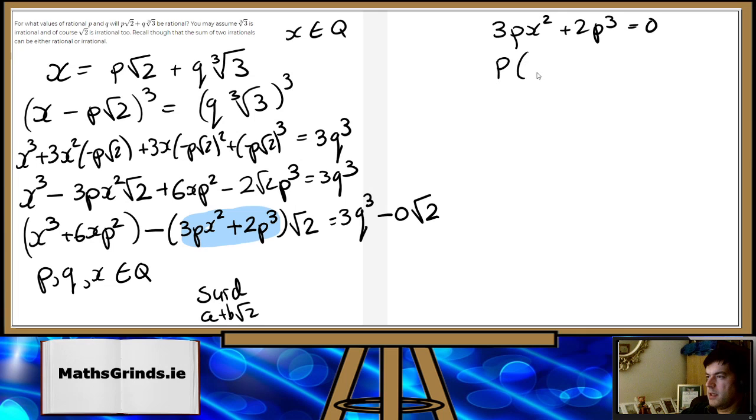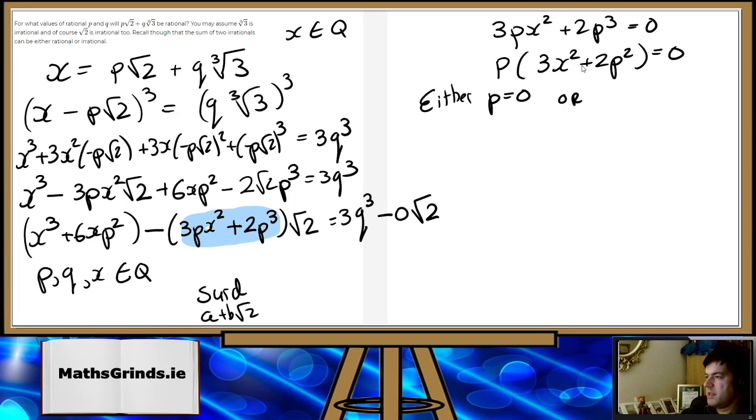That means p times 3x squared. Oh, no, I can't take out p... take out p here, 2p squared equals 0. Now, you have either p equals 0 or this inner piece here is 0.